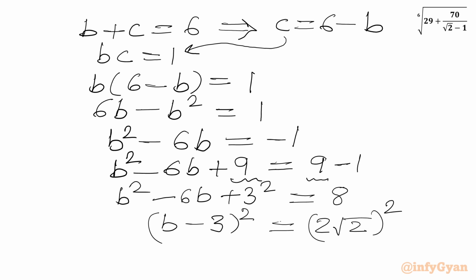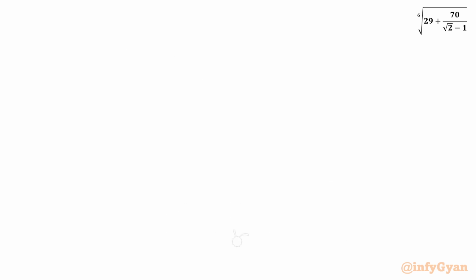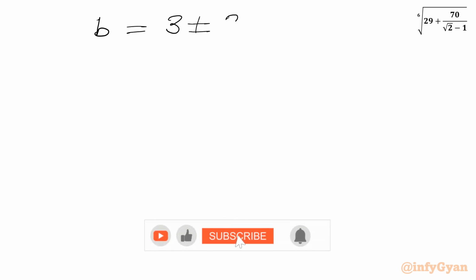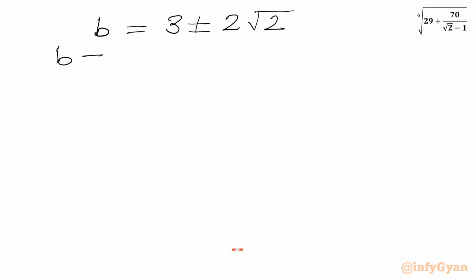Now I will take the square root on both sides. We will get b minus 3 equal to plus minus 2 square root 2. Now add 3 to both sides. We will get b equal to 3 plus minus 2 square root 2. Or I can write b equal to 3 plus 2 root 2 and b equal to 3 minus 2 root 2.